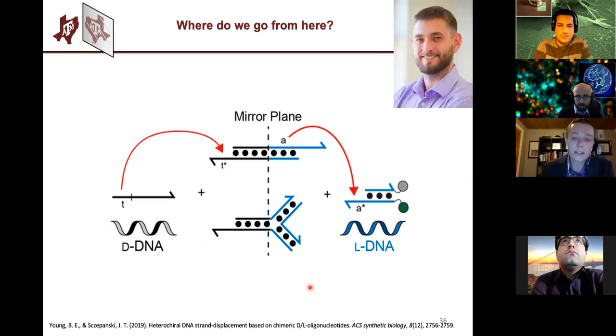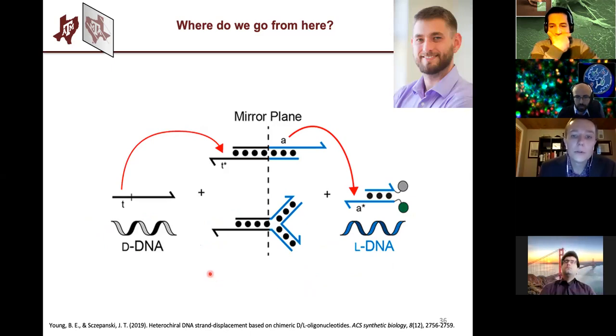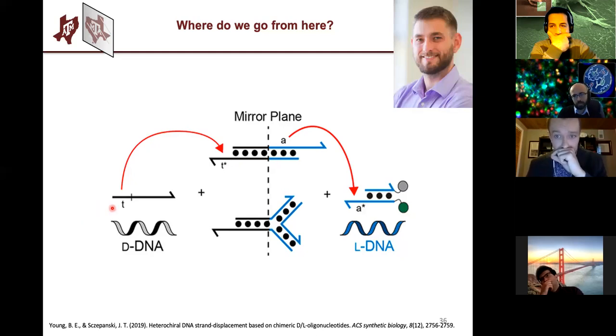So another publication that came from this was some work that Brian did, and this was to use chimeric oligonucleotides. So basically oligonucleotides that we synthesize in-house, where a portion of them is in the D stereochemistry and a portion is in the L. And we can again sort of get these chiral inversions.